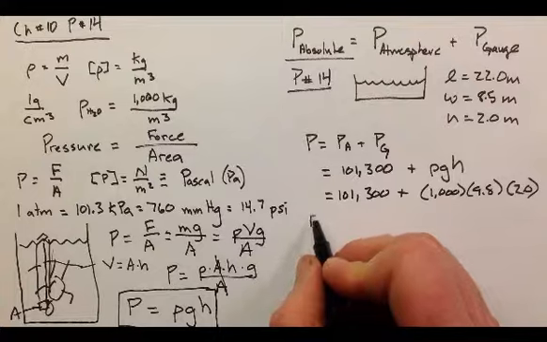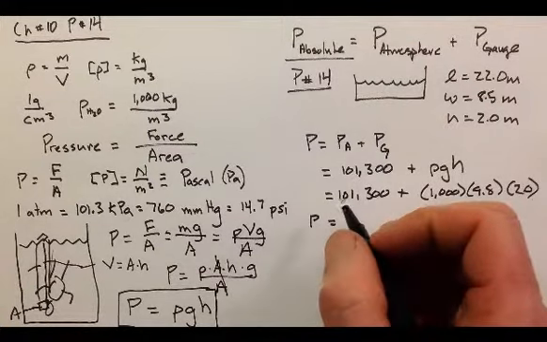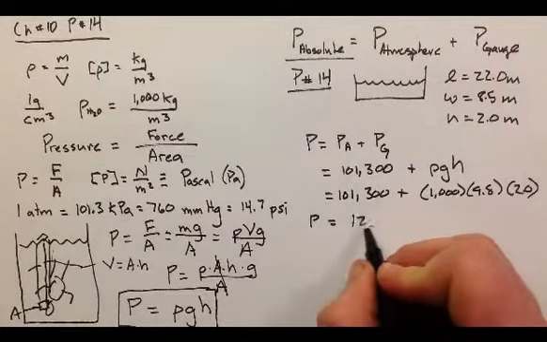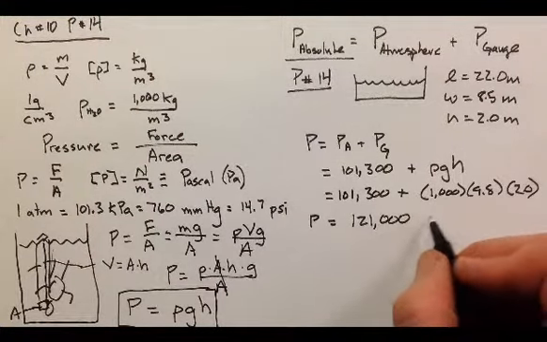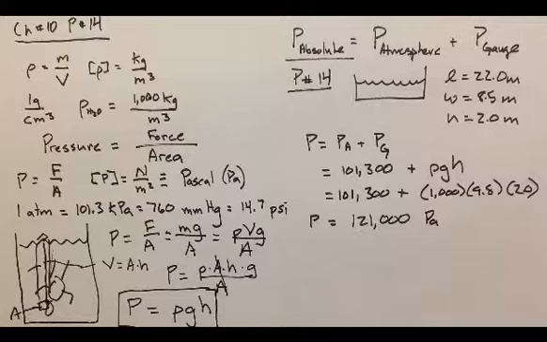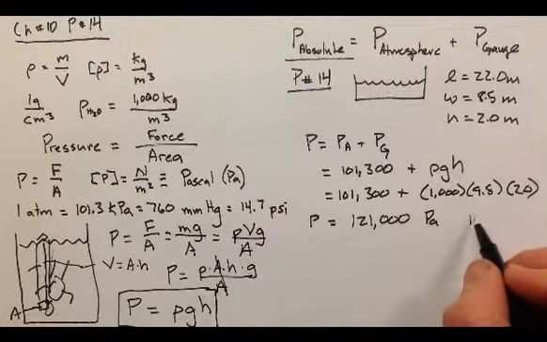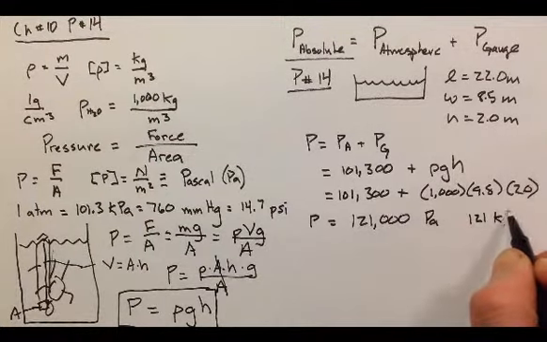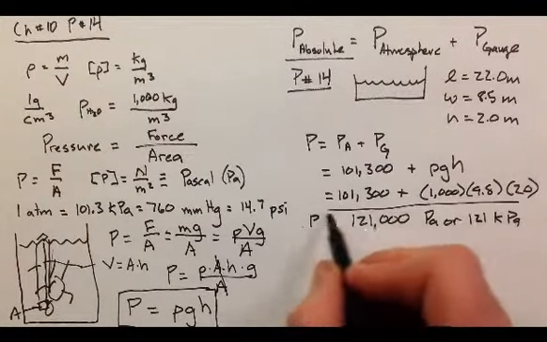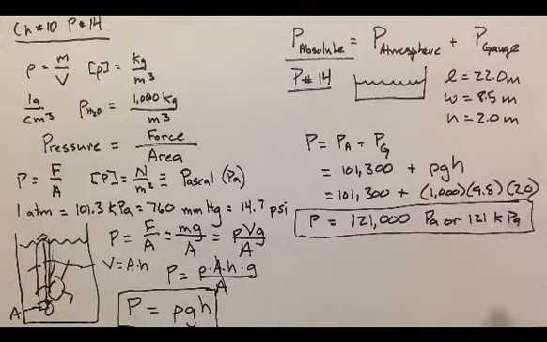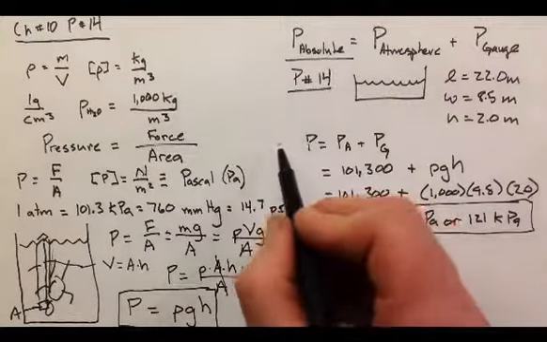And we would get an absolute pressure at the bottom of the pool of 121,000, if you round to significant digits, pascals, or 121 kilopascals. Okay, so that would be the absolute pressure at the bottom of the pool. And this is for part A.